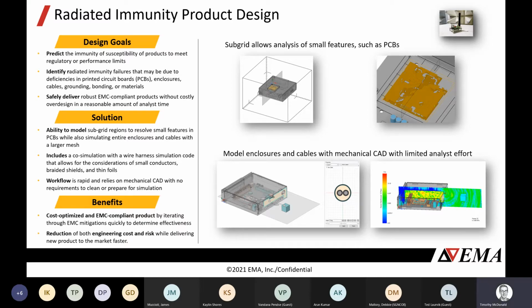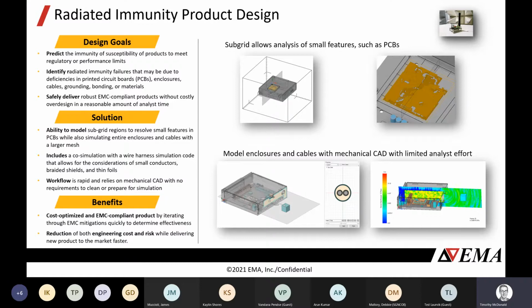Now, in this case, it is not always as easy to use a board-based simulation tool, which is not necessarily set up to consider the type of reverberant source, or the source that you might see for a device inside of an enclosure. So EMA3D Cable has the ability to create a region of the model where we can create a subgrid.